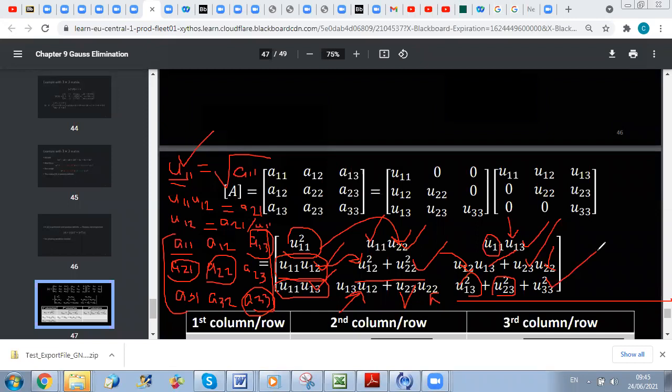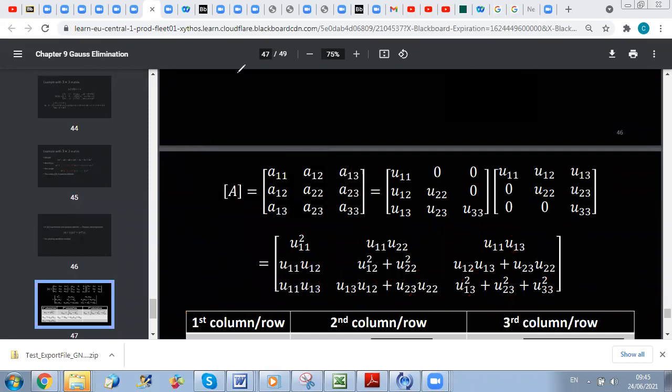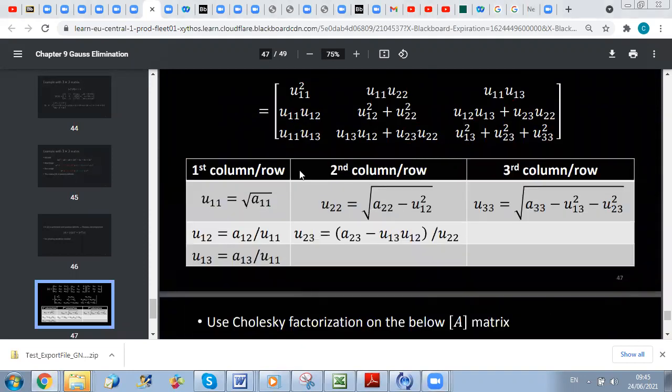Okay, this might seem long for you, but if you really count the number of operations compared to LU factorization, it is much simpler. Okay, and these are the general rules you can follow to get all coefficients. So U11, as we did together, is radical A11. U12 is A12 over U11.